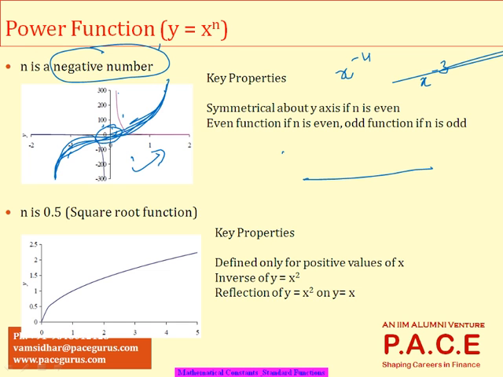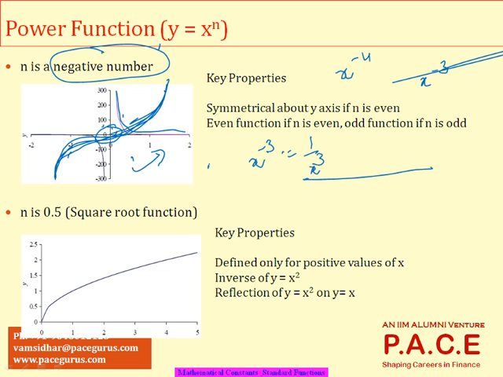Whereas when we talk about n being negative but still odd, we will find that the graph will be more of a decreasing function, because x to the power of minus 3 is nothing but 1 by x cube as per the formulas. So 1 by that, if one number is an increasing function, the 1 by of it, which is the reciprocal of it, will always be a decreasing function.